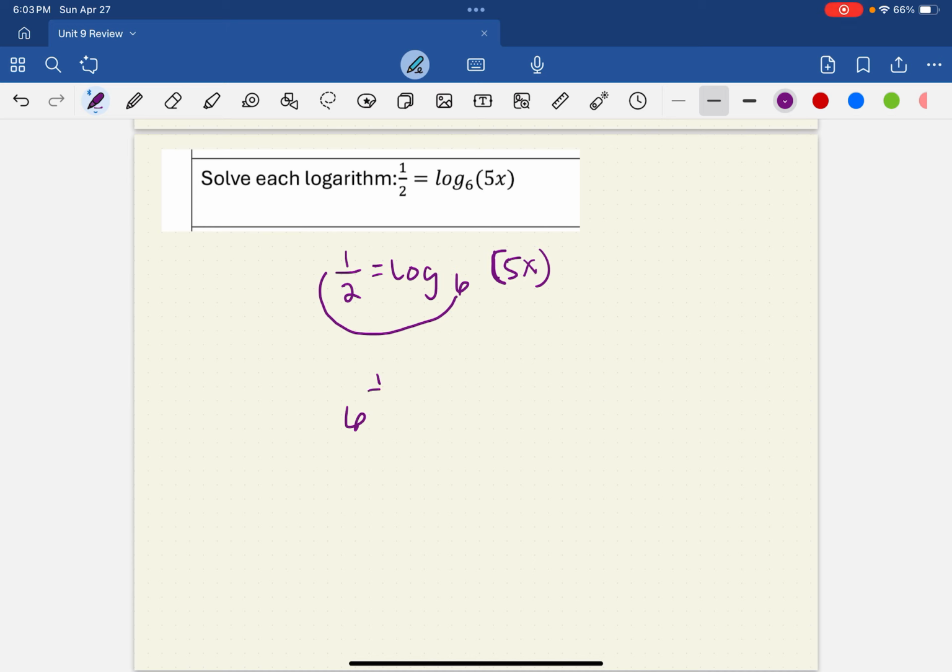So 6 to the power of 1/2, back around the equal sign, equals 5x. Okay, so 6 to the power of 1/2, or the square root of 6, doesn't really give us a nice number, so let's go ahead and divide by 5 on both sides. Type that into the calculator, and let's round. I'm going to go ahead and say to the nearest hundredth. So we've got x equals 0.49.